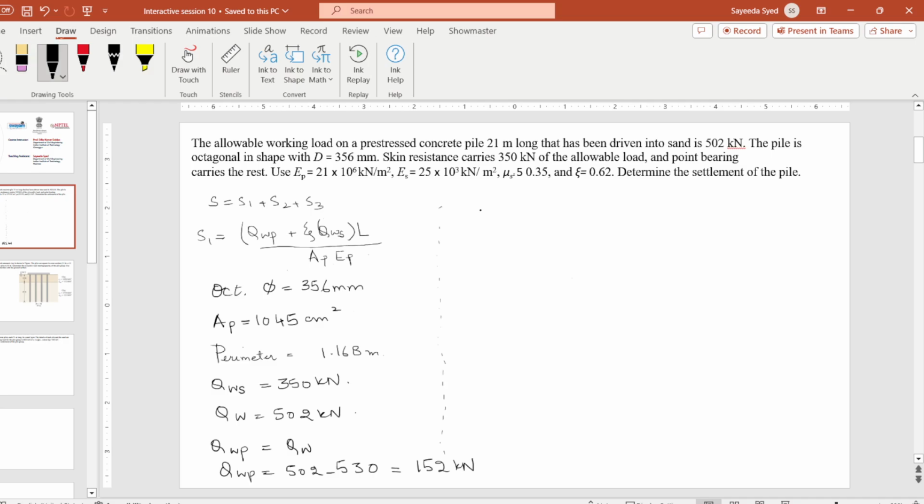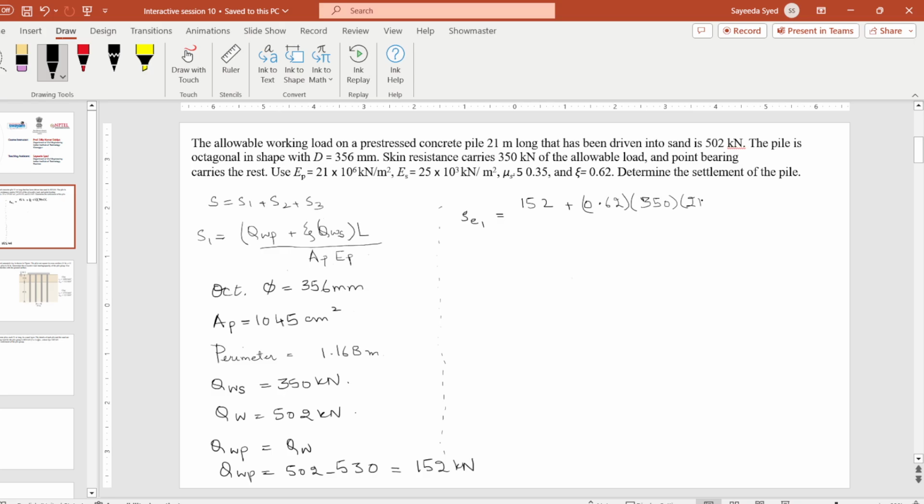Now our SE1 will be QWP, 152, plus zeta times QWS, which is 350, times length, which is 21, divided by AP.